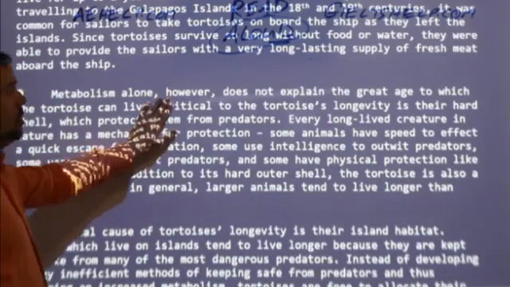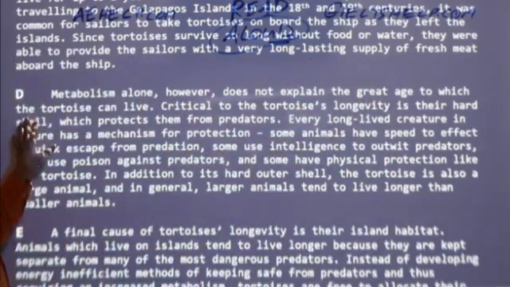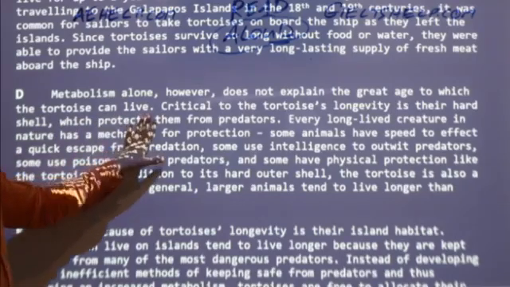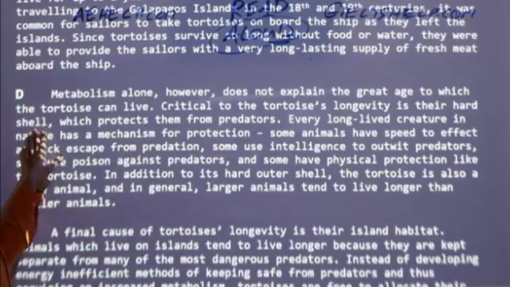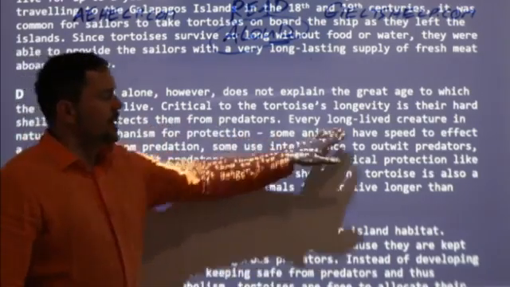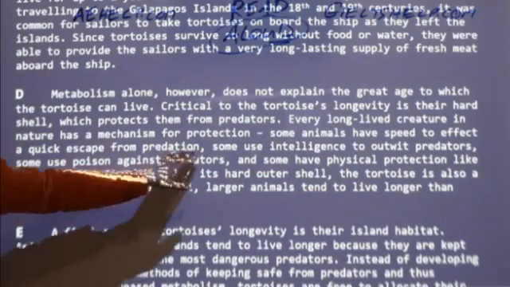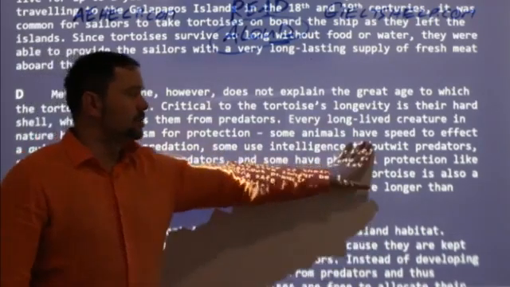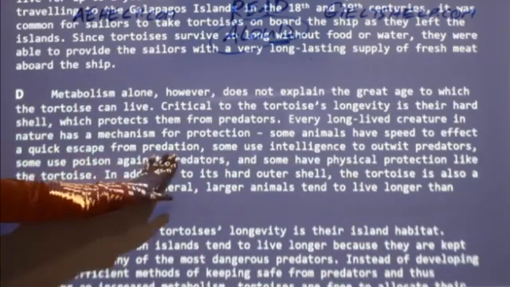Metabolism alone, however, does not explain the great age to which the tortoise can live. Critical to the tortoise's longevity is their hard shell, hey, we talked about that, which protects them from predators. Every long-lived creature in nature has a mechanism for protection. Some animals have speed to the effect of a quick escape from predation.